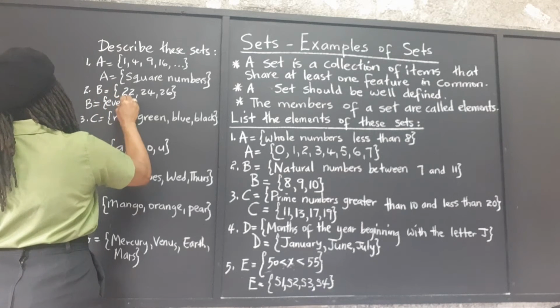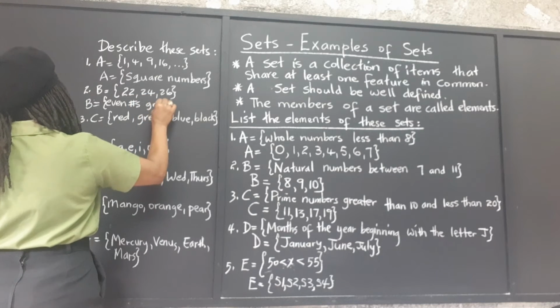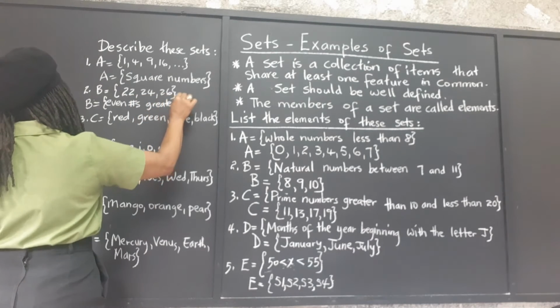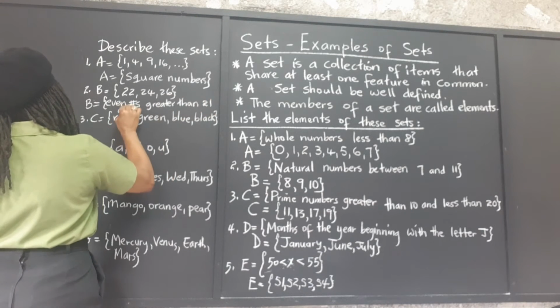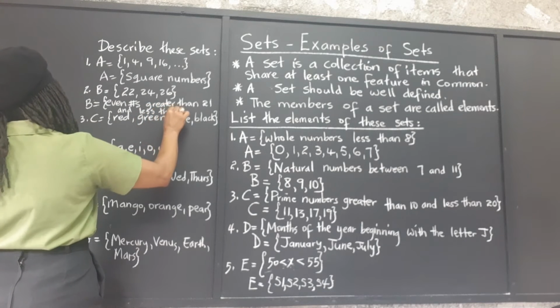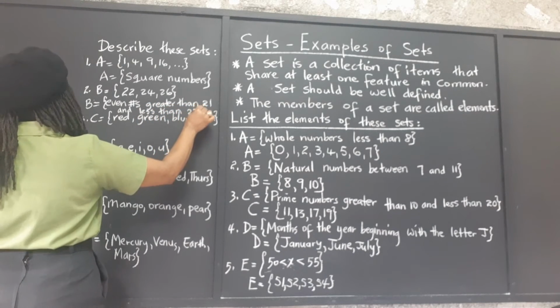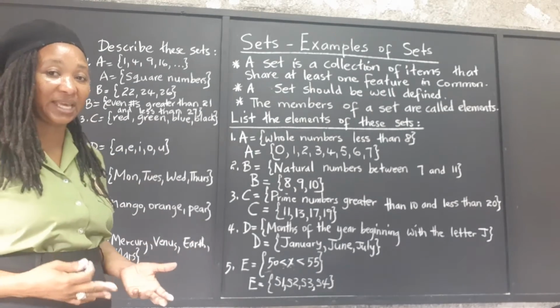Even numbers greater than 21 and less than 27, or even numbers greater than 20 and less than 28.